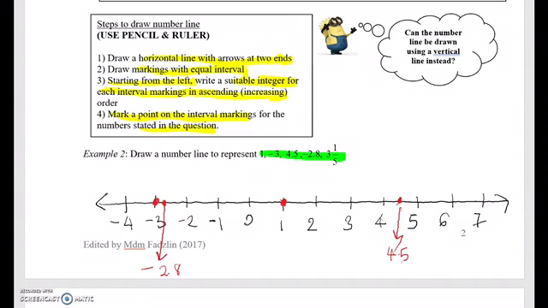The last number is 3 and 1/5. 3 and 1/5 appears between 3 and 4, but it is closer to 3. So I indicate a marking here and I draw an arrow and indicate the number.